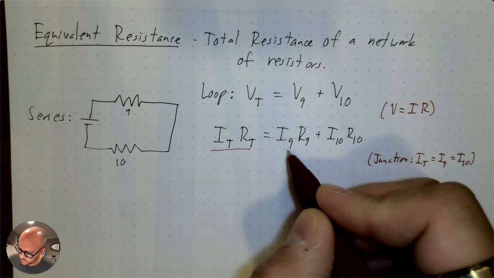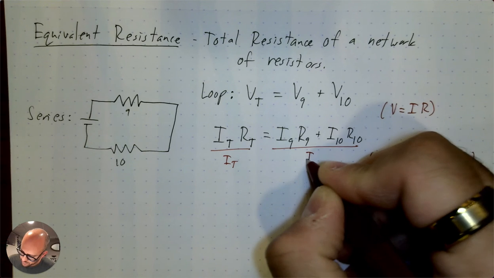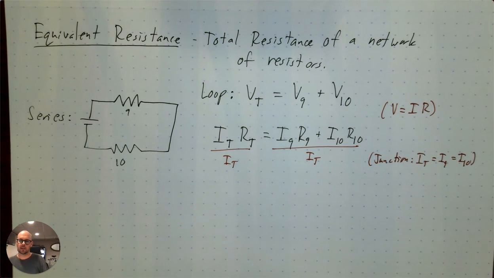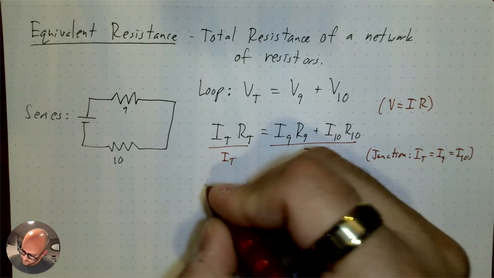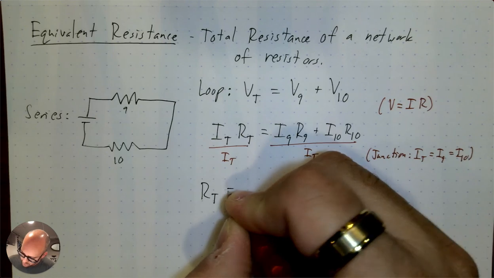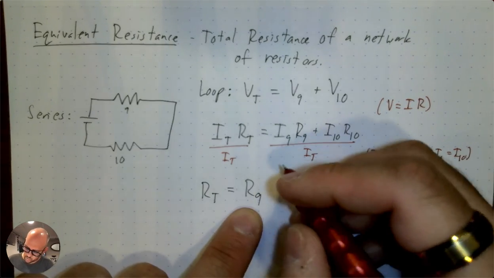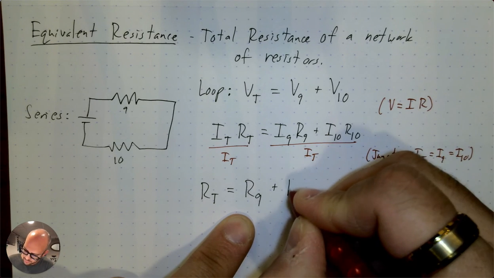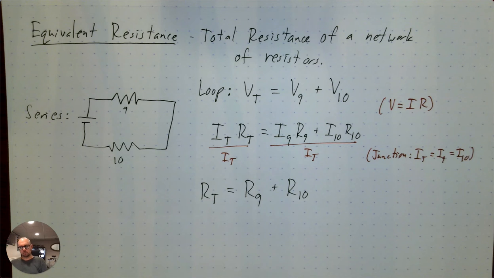So I can divide this entire equation by the total current, and it will eliminate all of the current values. And what I'm left with is this. The total resistance is the value of the one marked 9 plus the value of the one marked 10.